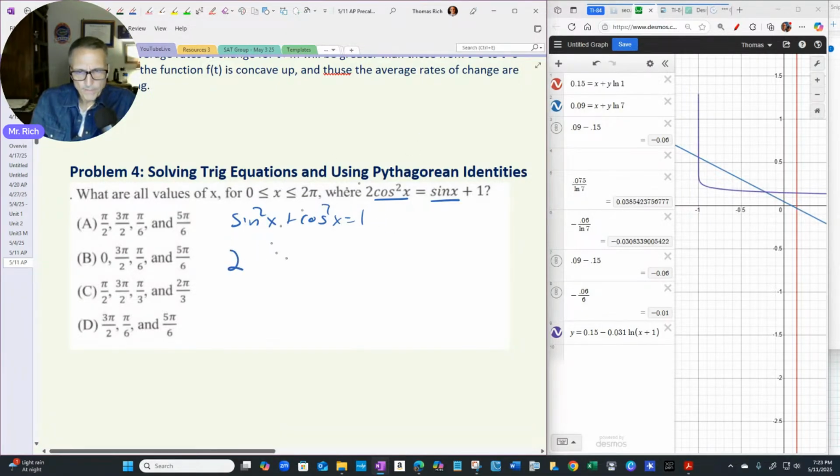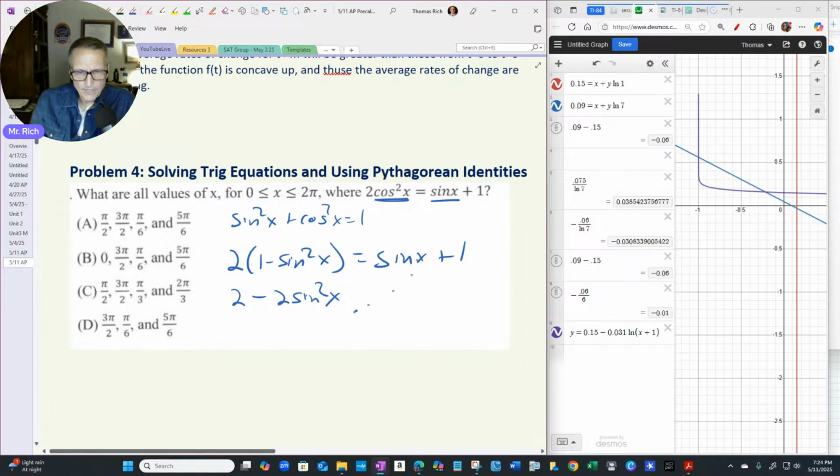So on my scratch paper, right, this is multiple choice. You're going to work this on your scratch paper. You'll be seeing this problem on your screen, on your device in Bluebook. So it'll be 2 times 1 minus sine squared x. There's my substitution right there, equals sine x plus 1. I'll distribute the 2, and we'll get 2 minus 2 sine squared x.